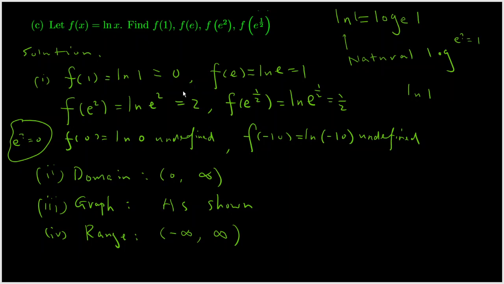Any questions about this? Simple enough. After this, I'm going to summarize some properties about the logs. It's comparable to how I summarized the properties for exponential functions, right? A summary.